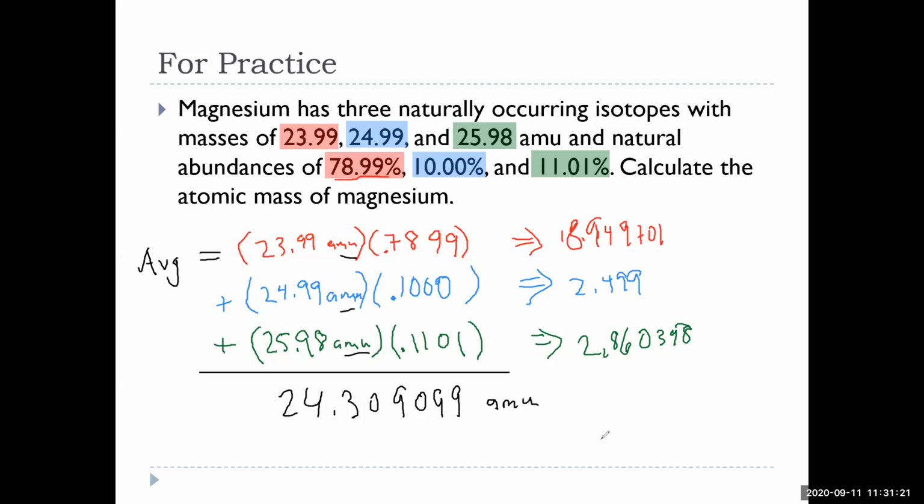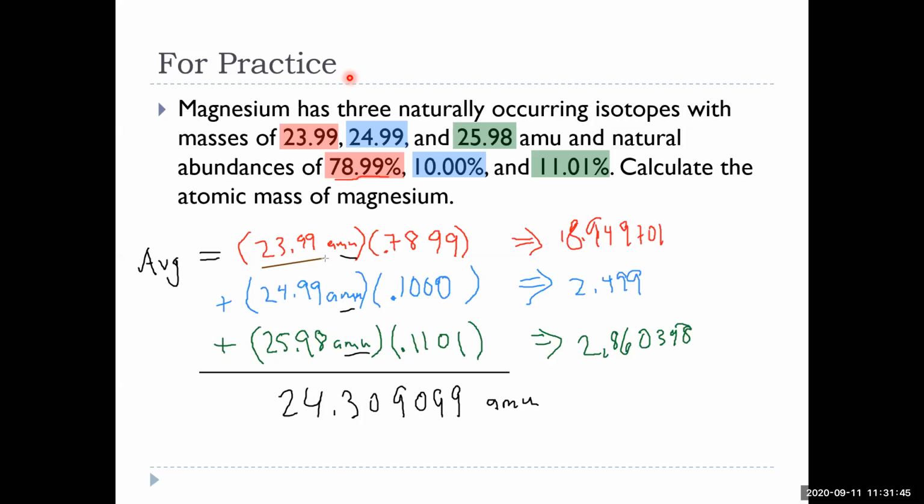We do want to take into account the number of significant figures, so here is one of those cases where we get to do both multiplication and addition. So let's follow along each step of the way. Our multiplication steps, we have to do the fewest number of significant figures. So here we can do some underlining.